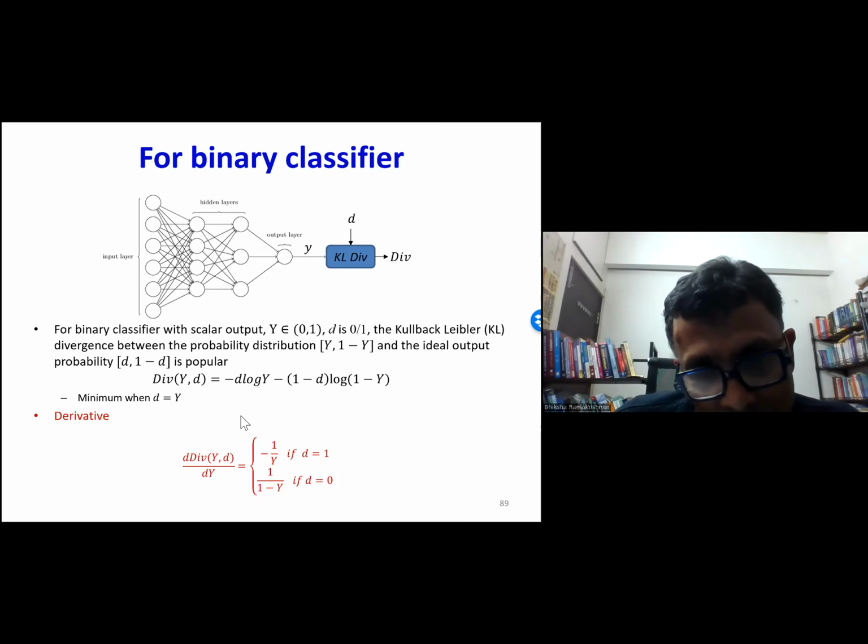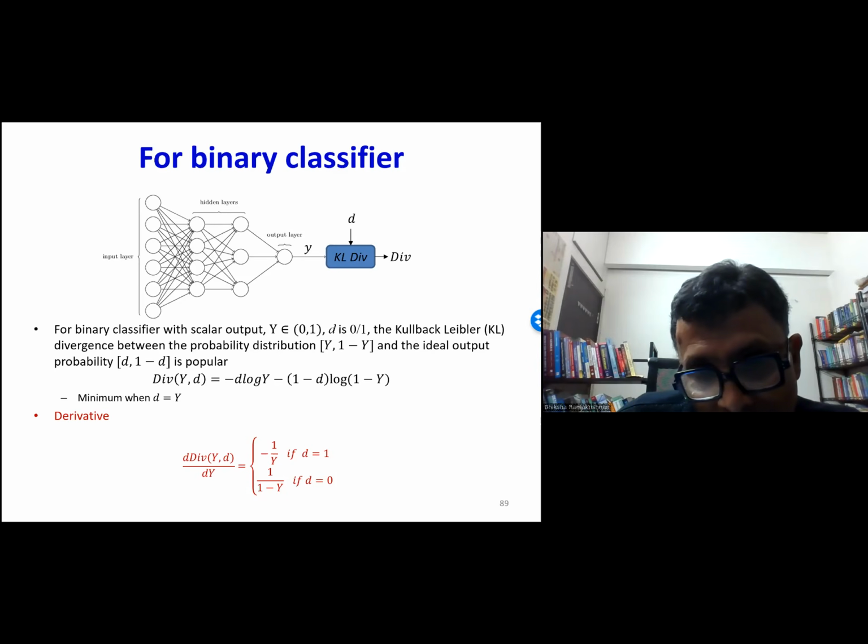Yeah, this is the logistic activation. This is sigmoid, right? Now, observe this. Suppose my desired output is 1 and my y is like 0.1. Do I want to increase it or decrease it? If my desired output is 1, then should I be increasing y or decreasing y?